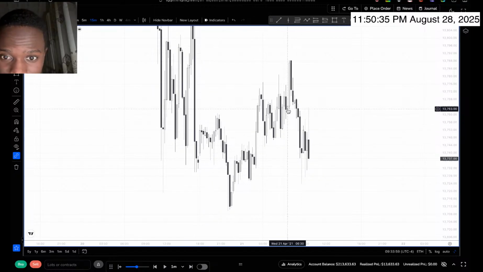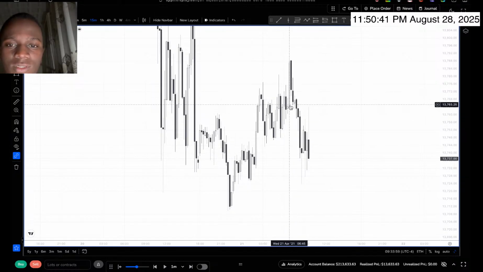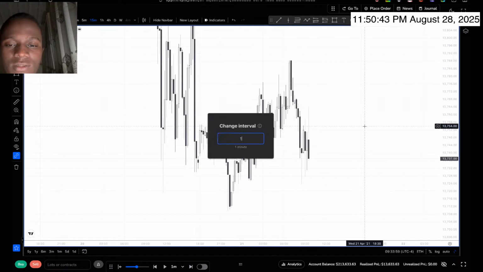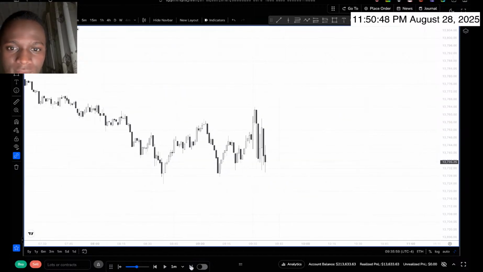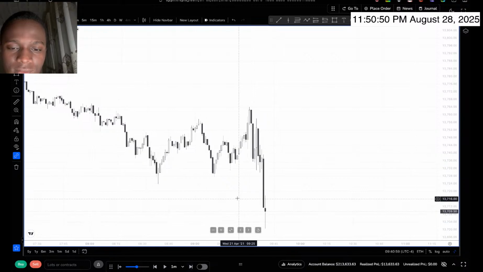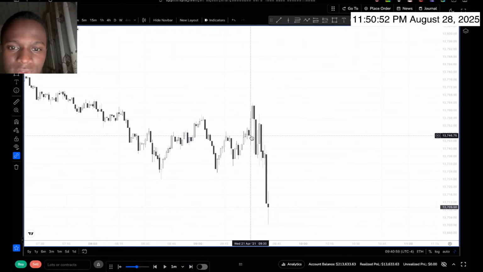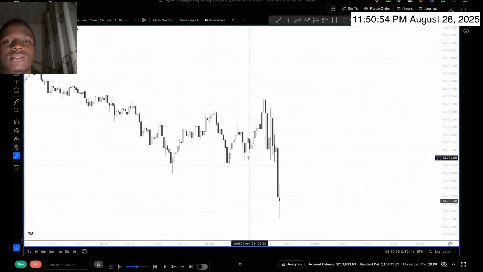We're retracing to this change in the state here. This order block. These up close candles. Last two up close candles. So you can see here, create another internal change in the state.